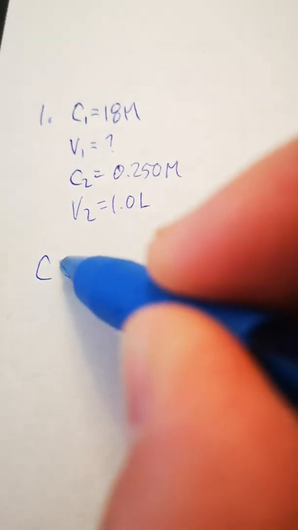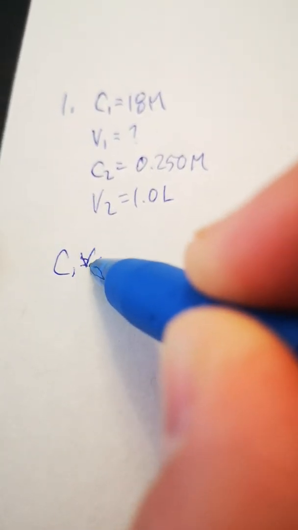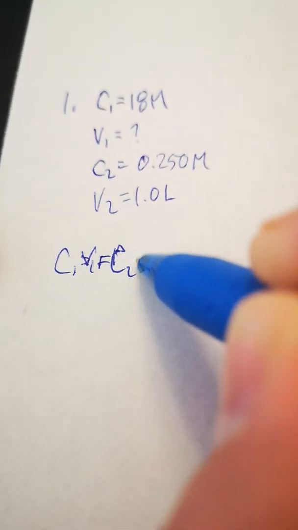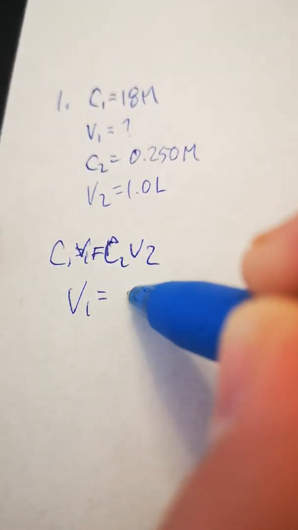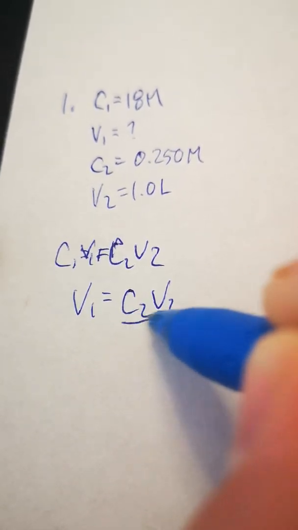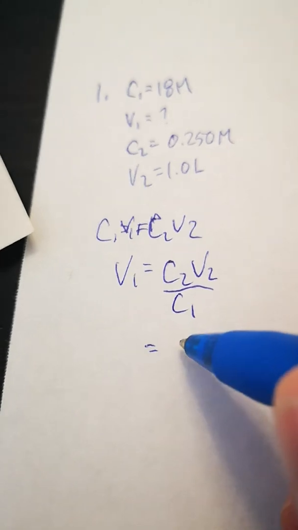Now, if we're looking, C1 V1 is equal to C2 V2, ugly. We can isolate V1, our unknown.